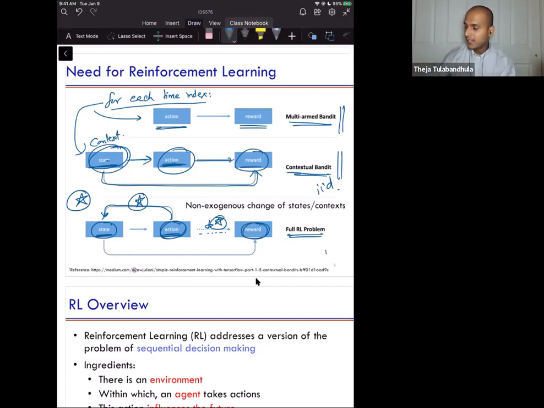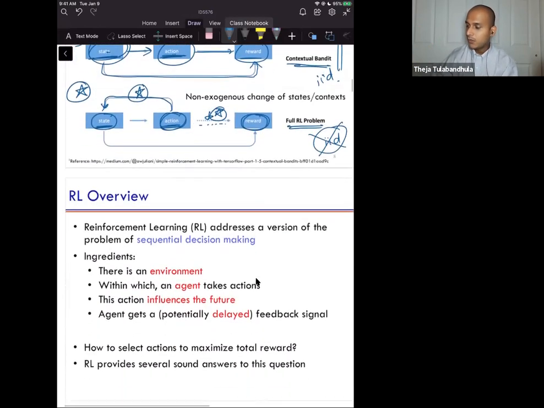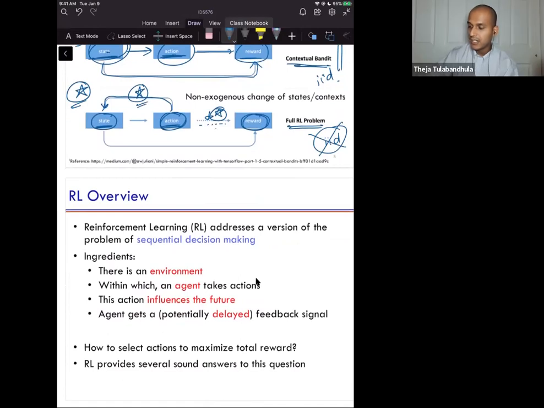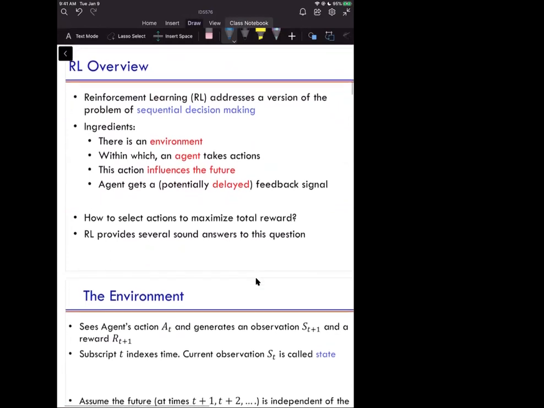IID means independent, identically distributed properties of the underlying random variables. That type of assumption doesn't make sense here, and we'll talk about IID later. Now this is just a teaser. I just pointed out a couple of things, and we're going to spend a lot more time on these aspects.